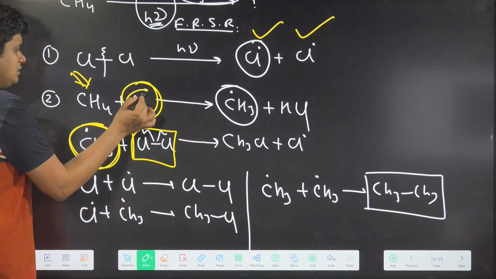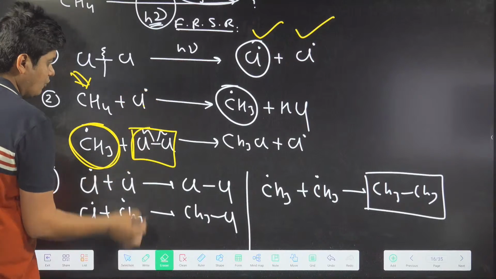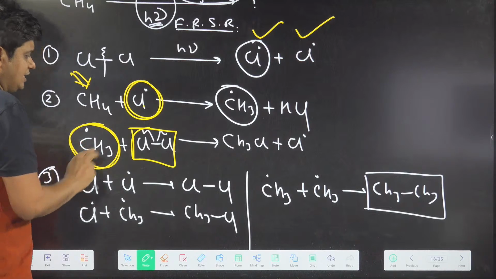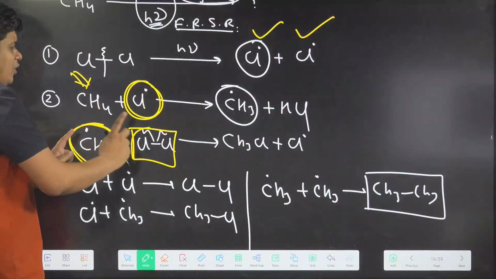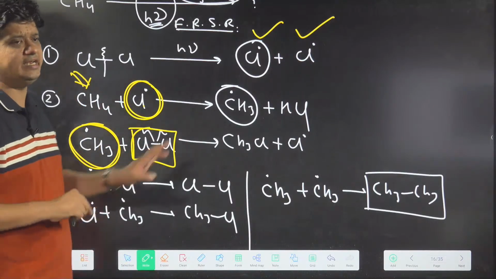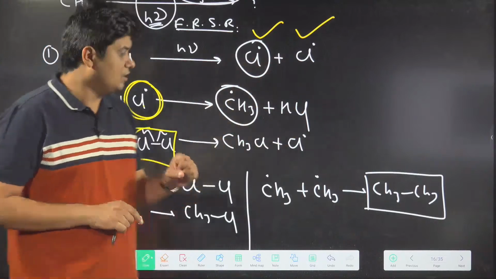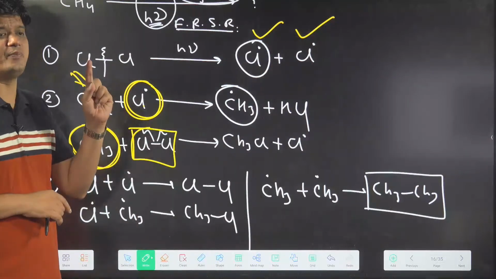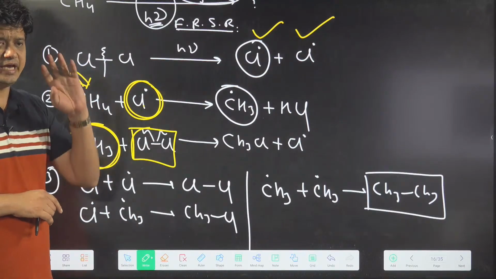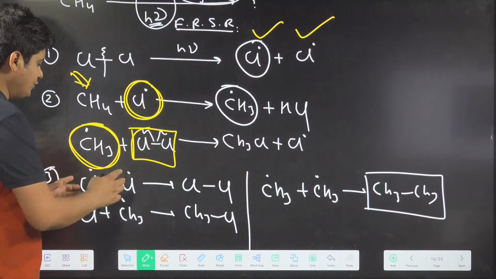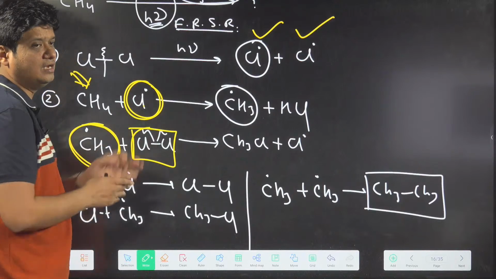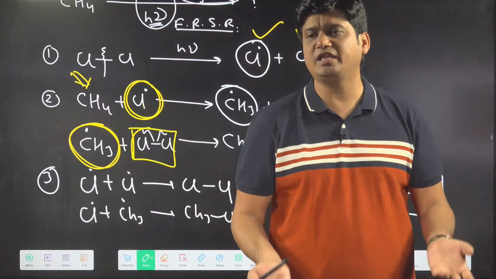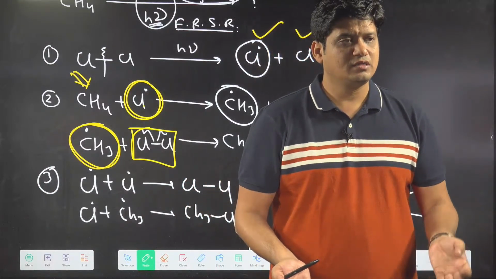One radical like this one, one is a radical, one is a molecule, that means radical and molecule are there, it is propagation. This is the identification. And if two radicals are going to combine, termination. Once radicals get combined, the chain gets terminated.